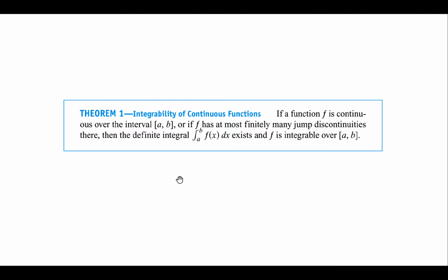If your function is continuous or has a finite jump discontinuity, then that function is called integrable, and in that case you will be able to find this definite integral. So if the function is continuous, then we should be able to find this definite integral. Or even if we have, let's say, a finite number of discontinuities.